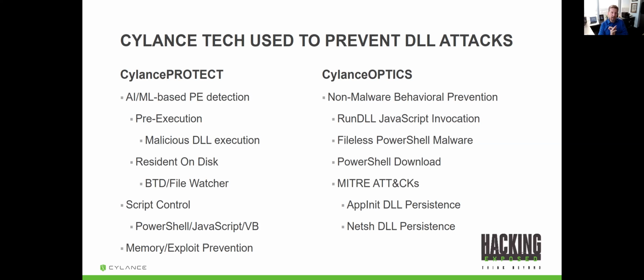Of course, we also have technology that is triggered when it is executed or loaded into memory or tried to. Of course, we also have the ability to check when something is dropped onto disk and then catch that and prevent that. And we also have background threat detection scanning, which scans the hard disk for any threats that are latent on the disk itself or any remote disk as well.